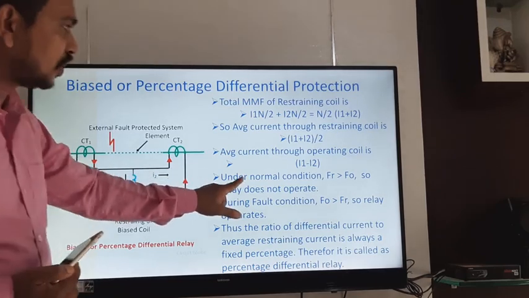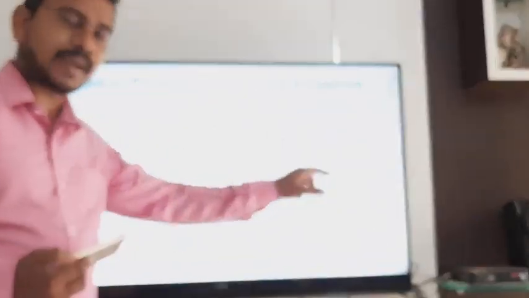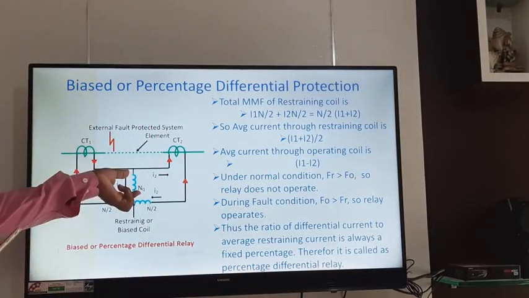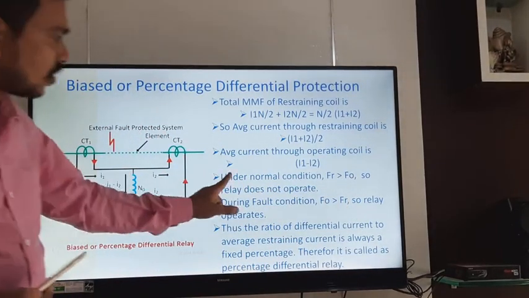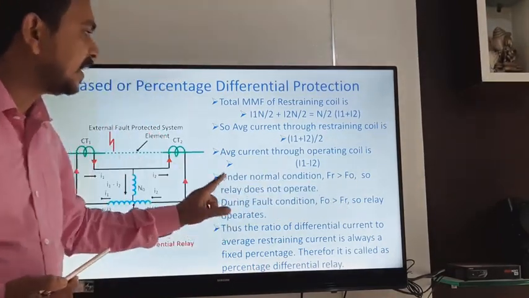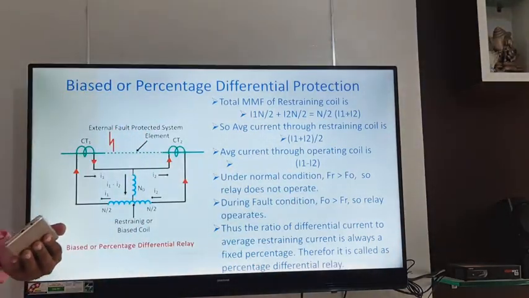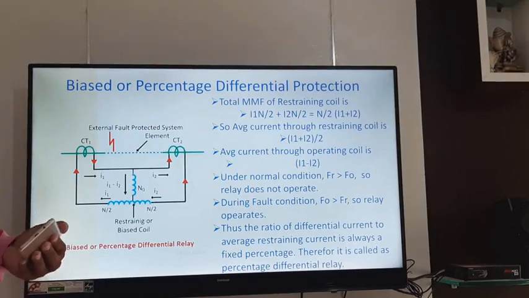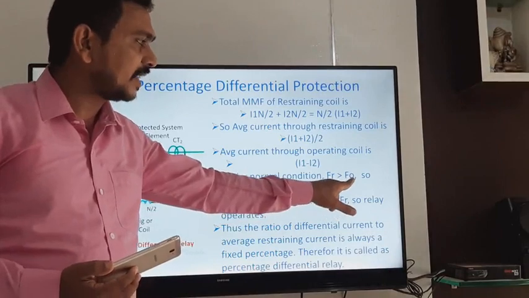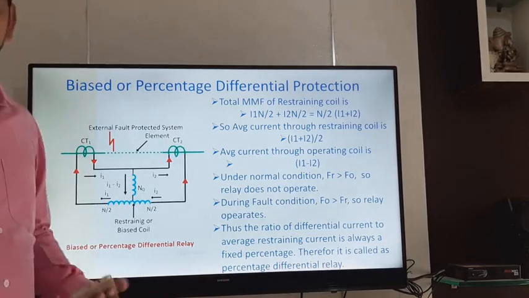Under normal condition, Fr, the force produced by the restraining coil, is greater than Fo, the force produced by the operating coil, so the relay does not operate. The restraining coil opposes the operation of the relay, so it will not allow the operating coil to operate.